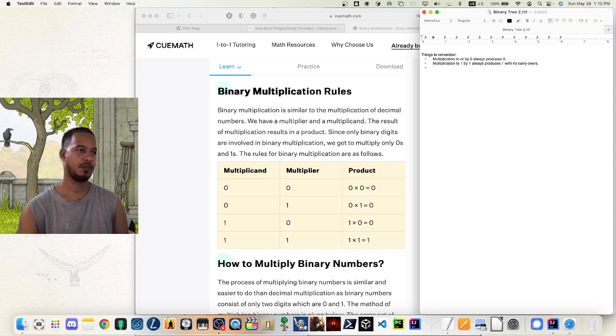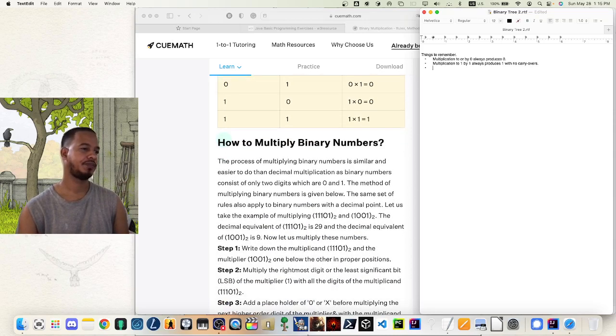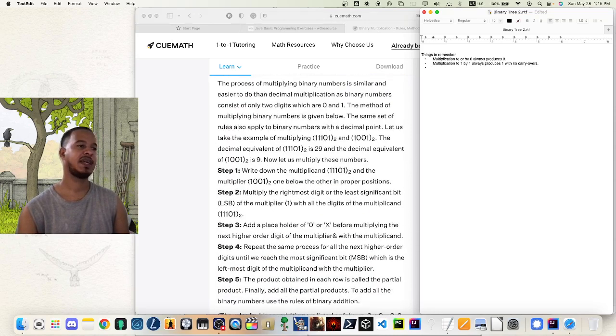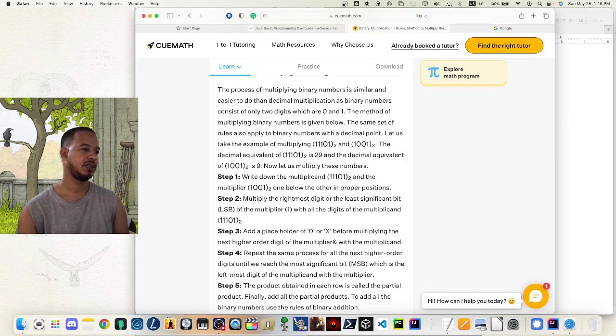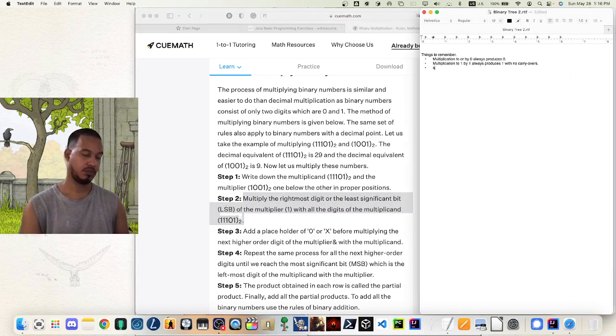That's the first part. Now, second thing to remember. Multiply the rightmost digit, or least significant digit, in the multiplier with all digits of the multiplicand. So let's write it. Multiply the rightmost, or let's say the first binary digit, for all members of the multiplicand binary number.